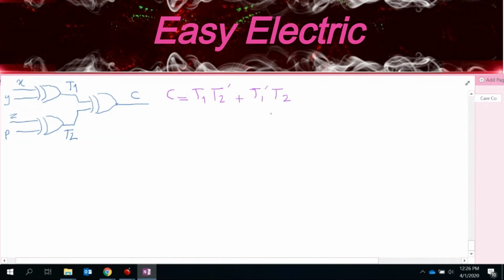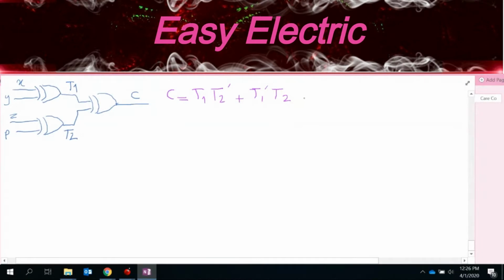Okay, so that's the definition of the XOR. But the problem is the C should be based off the real inputs, which are X, Y, Z, and P. So that means you need to replace this T1, T2 based off whatever you have here.